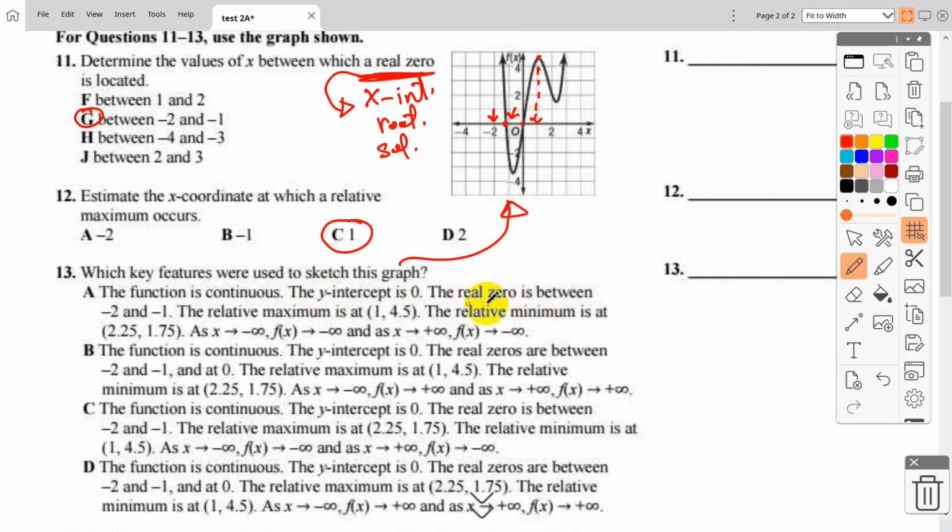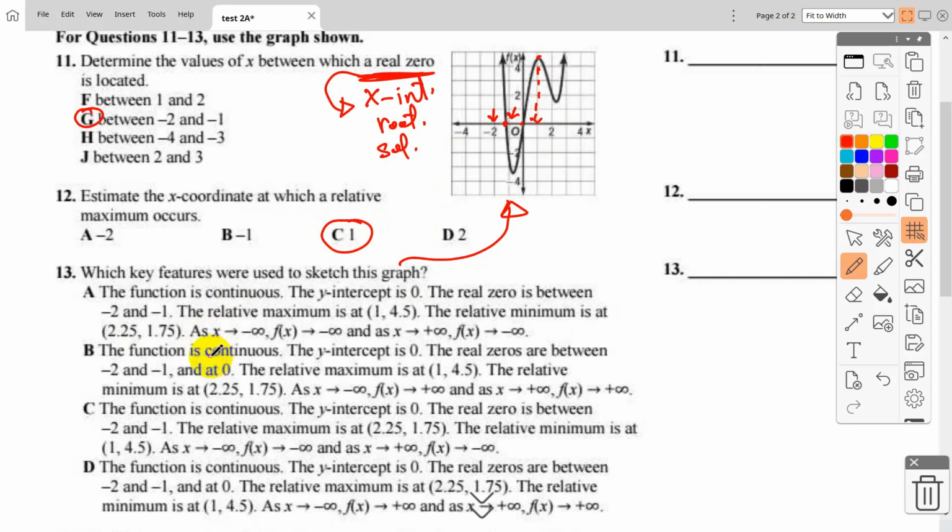The real 0 is between -2 and -1. That's right. The relative maximum is at 1 and 4.5. That's right. The relative minimum is at 2.25 and 1.75. Also right.